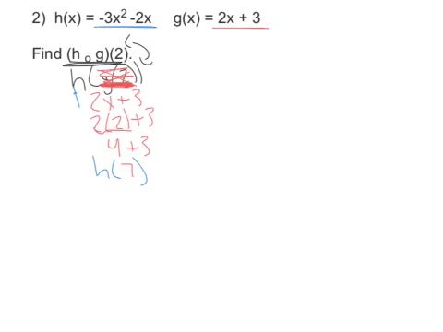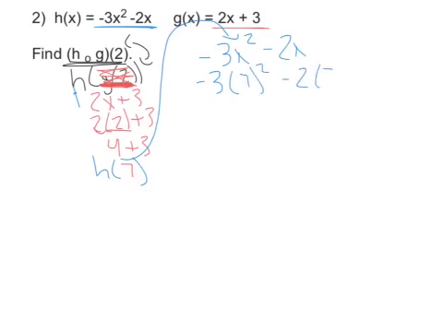So our h function is negative 3x squared minus 2x. One more time, we're plugging that 7 in where the x is. So negative 3 times 7 squared minus 2 times 7. Order of operations, so we're going to do this exponent first. So negative 3 times 49 minus 2 times 7.